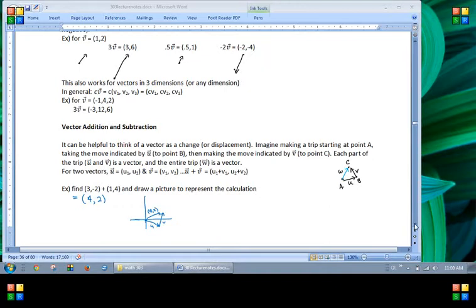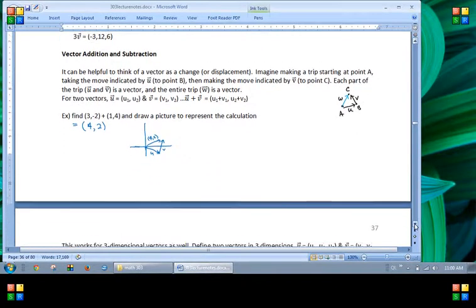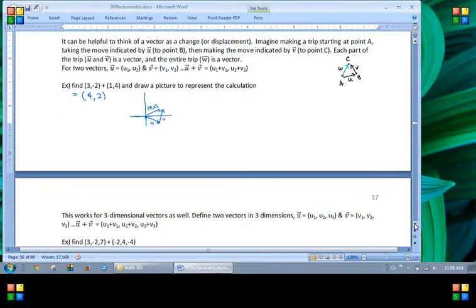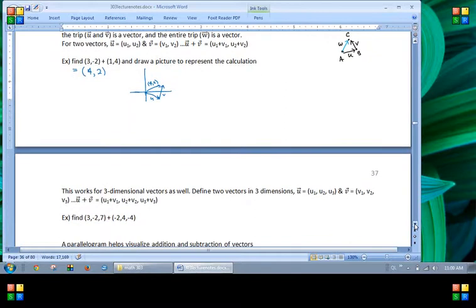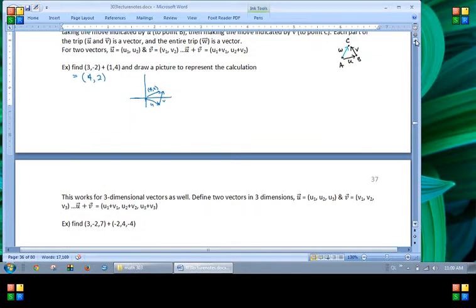So again, you can also do this in 3 dimensions. In 3 dimensions, you do the natural thing. You add the x components, then you add the y components, and then you add the z components. Okay. So let's add these two vectors. So what do we get?